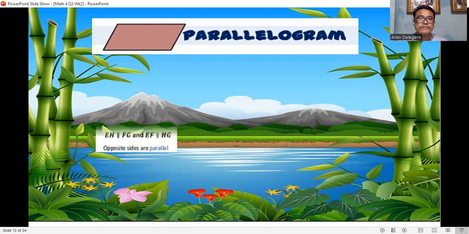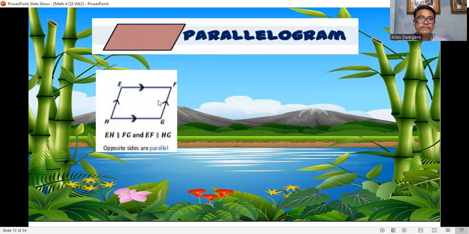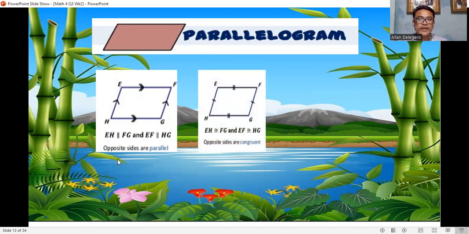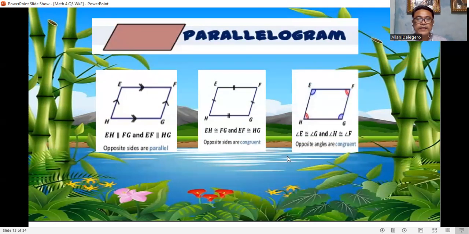Parallelogram. Opposite sides are parallel. Opposite sides are congruent or equal. And opposite angles are congruent or equal.